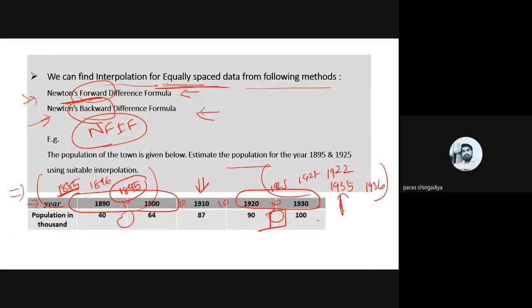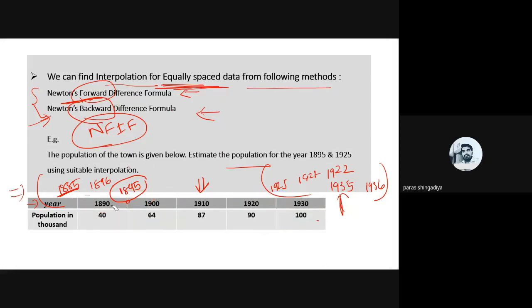See, first we'll check the equal space data. Okay, right now this equal space data we have, for this case we have two cases. We can apply Newton forward and Newton backward. Clear? We can apply Newton forward, otherwise Newton backward. So now in which case we can apply Newton forward, and in which case we can apply Newton backward. So now this data is given in this table.